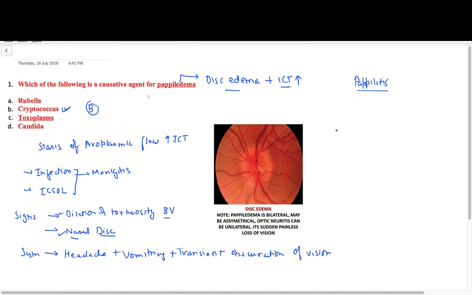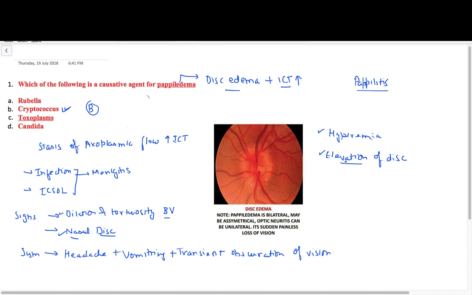Other signs that you can see on the fundus are hyperemia, that means a pinkish disc. I have told you earlier that a pink disc can also be seen in conditions like hypermetropia. Then an important sign is elevation of disc. Normally, when there is swelling, it bulges out the disc.